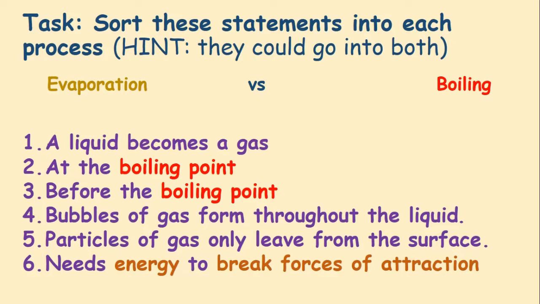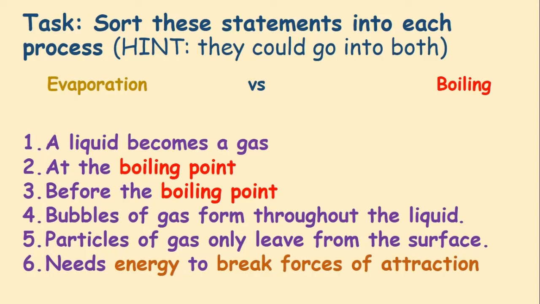Your next task then is to sort these statements into each process, and your hint is that they could go into both. So there are two different ways that I think you can do this. You could either list them on two different sides of your page, one with evaporation and one with boiling. It's completely up to you if you do that.